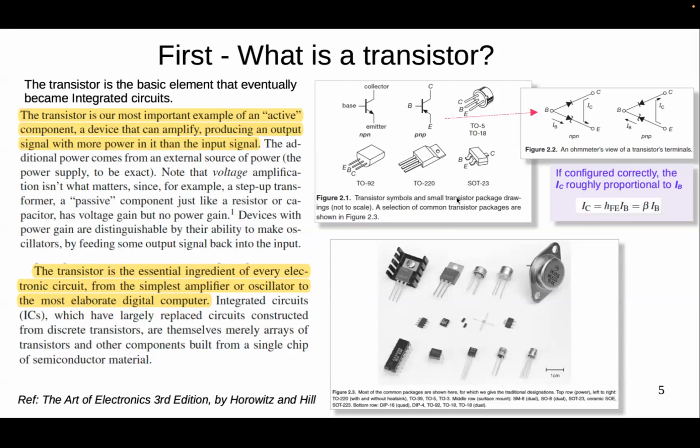Okay, so there are several types of transistors, but the basic one is something like this. We have two main configurations, NPN or PNP, which we can see as two diodes connected from the anode in the case of the NPN configuration, or from the cathode in the PNP configuration.